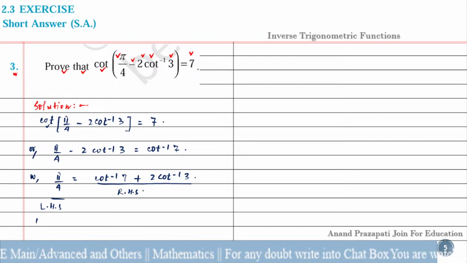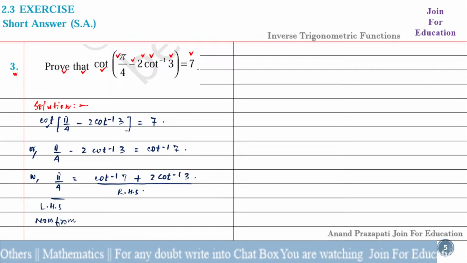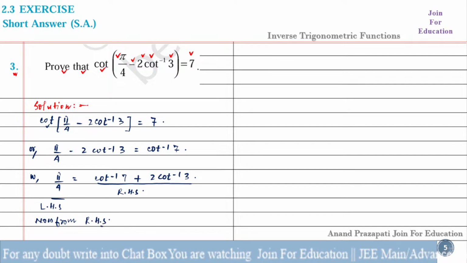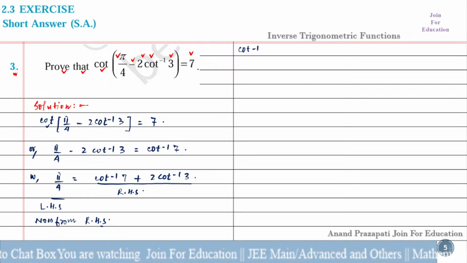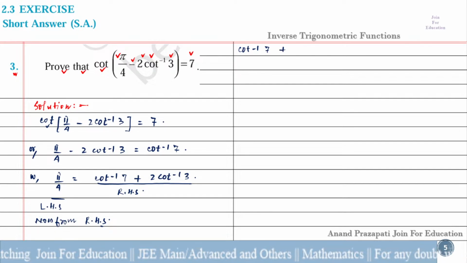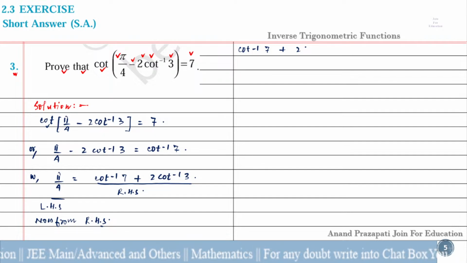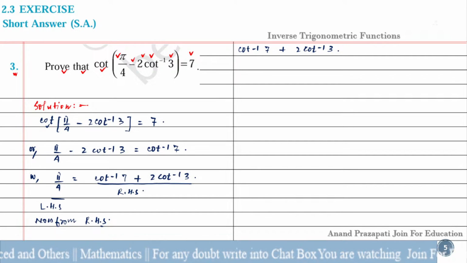Now from the RHS, this one will be cot inverse 7 plus 2 cot inverse 3.